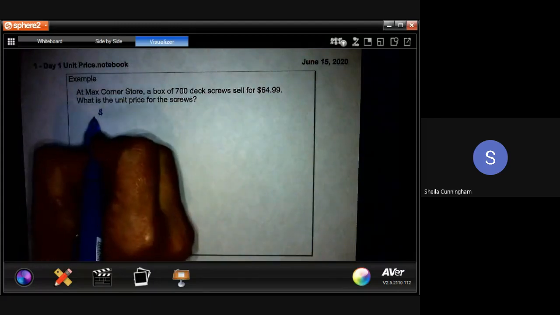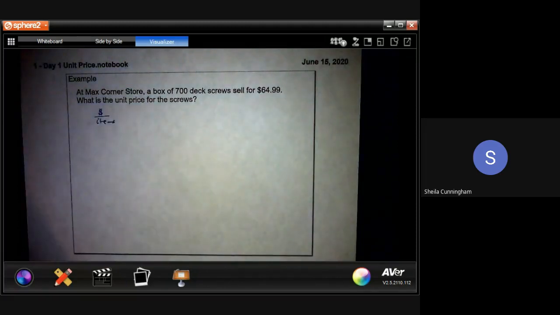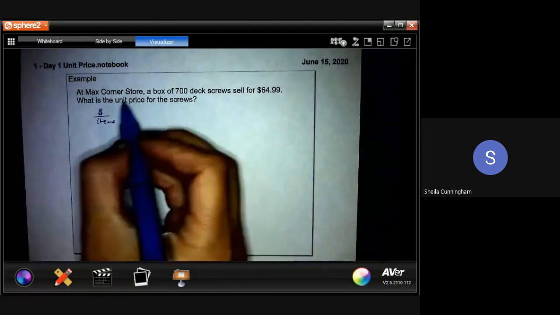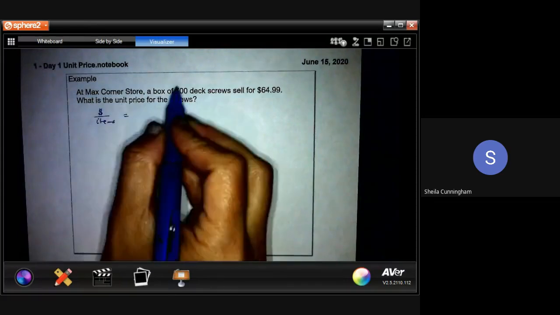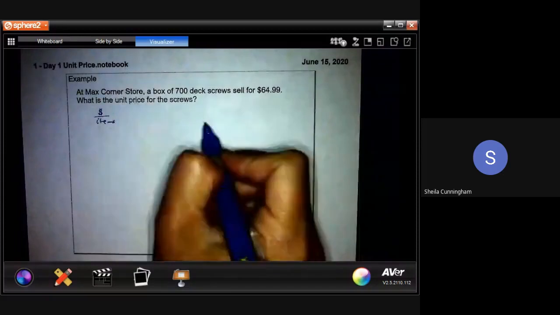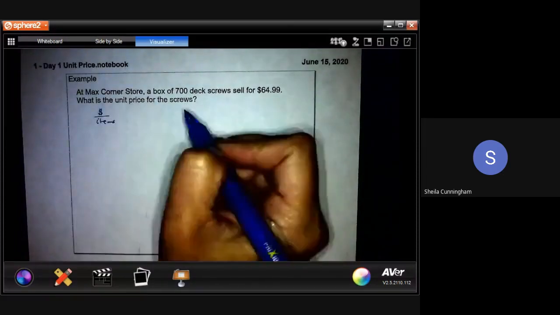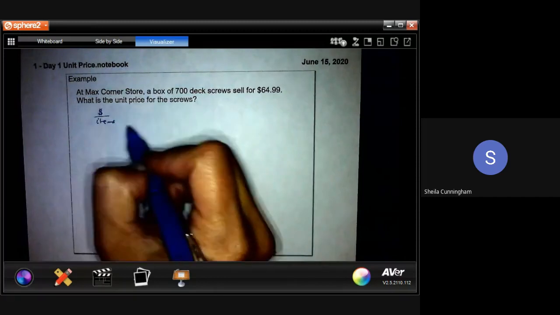So we put the dollar amount on top and the items on the bottom, always keeping my dollar figures on top and however many items I have on the bottom.